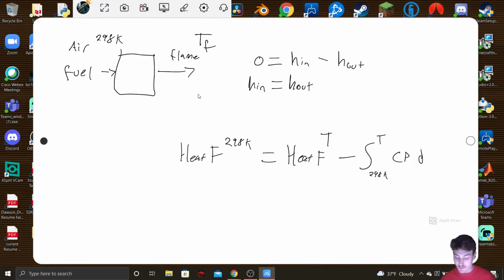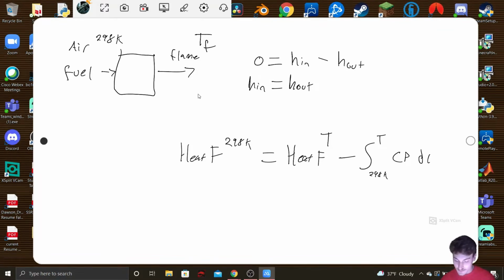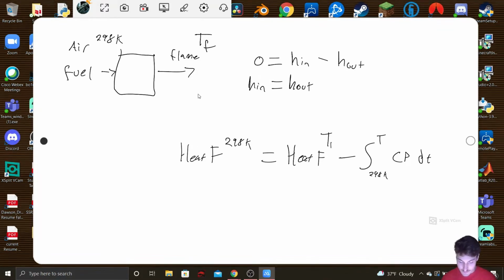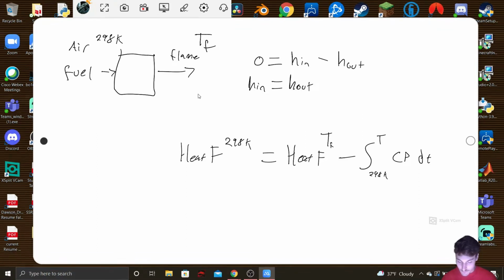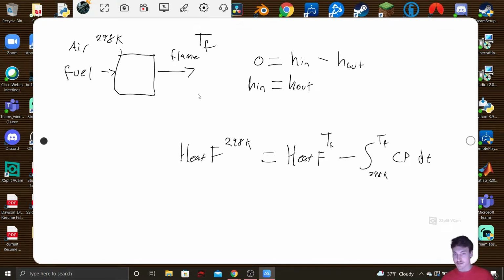This is with respect to temperature, so we'll put that as a little t, or T final, and keep it as a little t for continuity's sake.